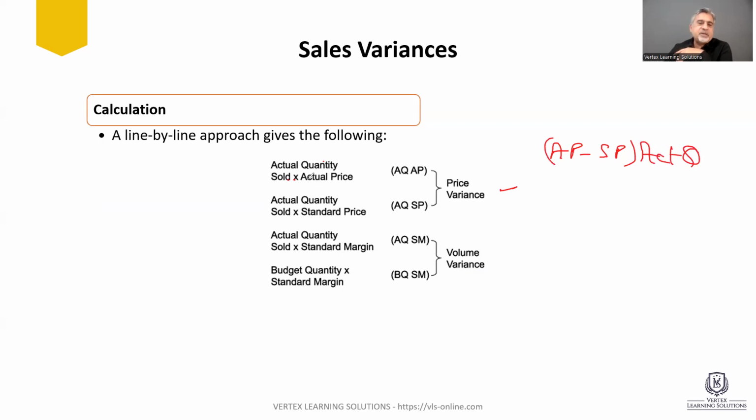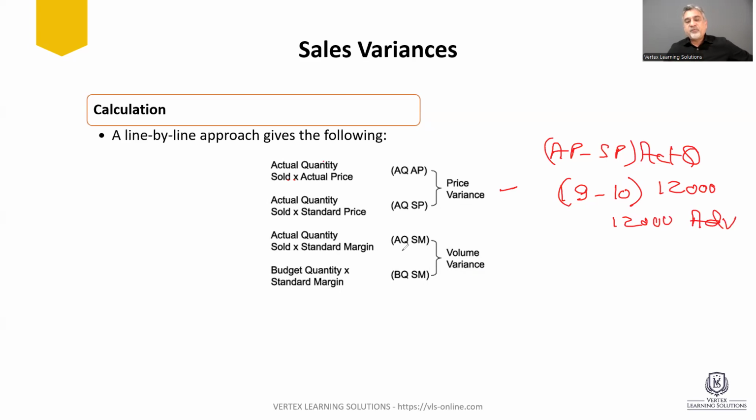It will give you the same number because actual quantity is common, so I take it common outside mathematically. If your actual price was 9 and your standard price was 10, and actual quantity was 12,000 units, you get $12,000, because standard price was more and actual was less. So it is a $12,000 adverse variance.